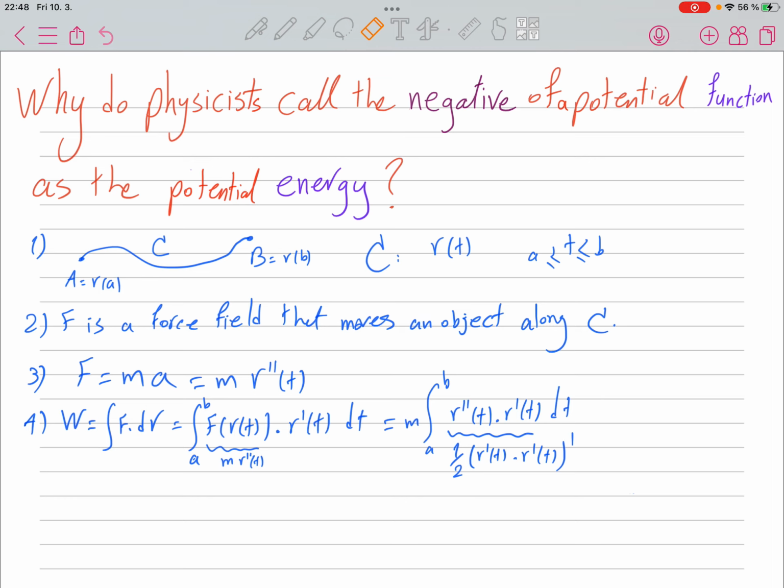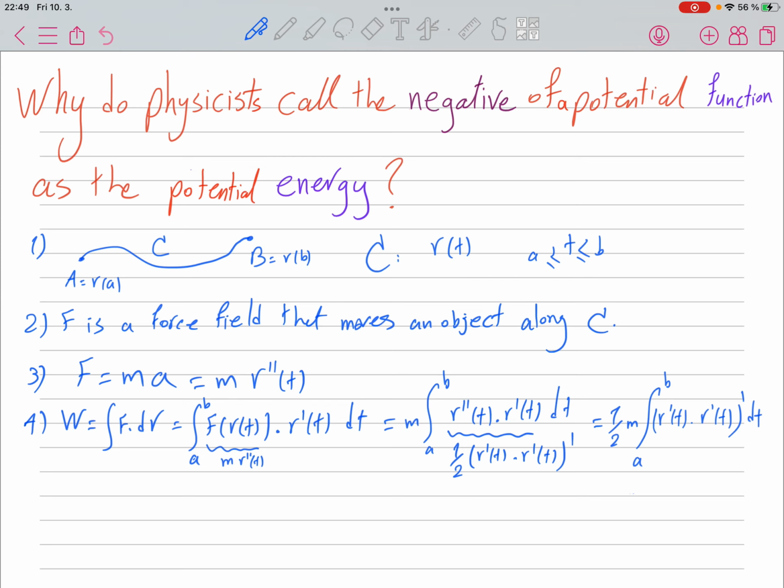So now I put 1/2 m here, and I have the integral from a to b of R prime of t dot product R prime of t, all prime, dt.